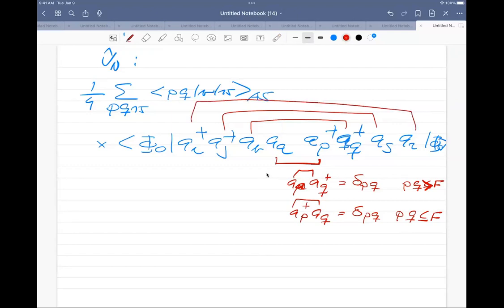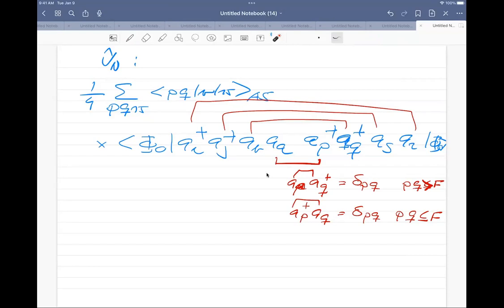That's fully possible. But then this one gives me 2 possibilities, I can interchange them. And this also gives me 2 possibilities, I can interchange them. And these are the only non-zero contractions which I can have here.